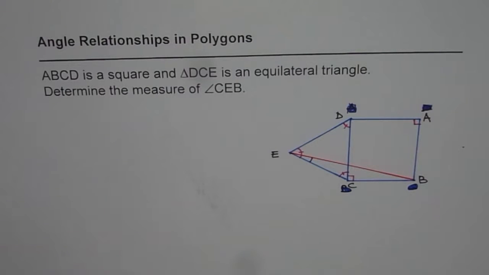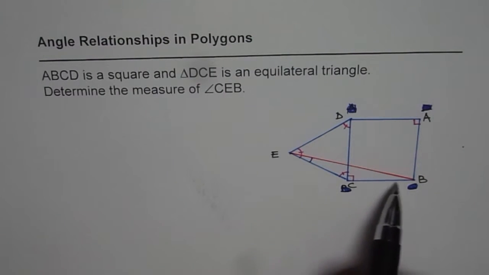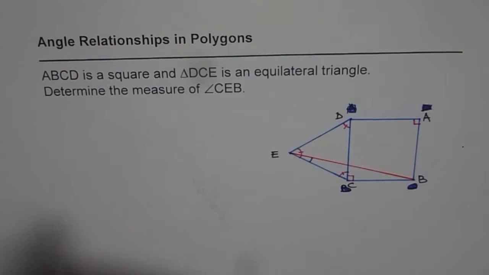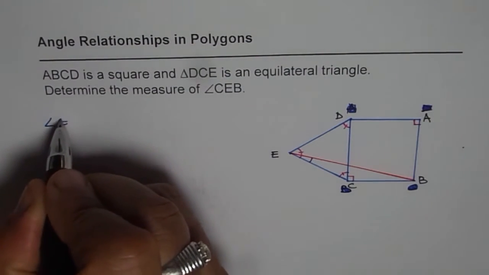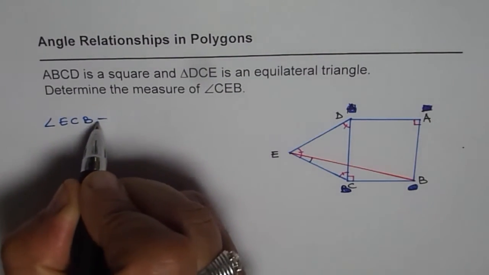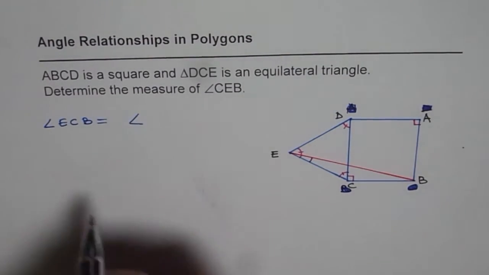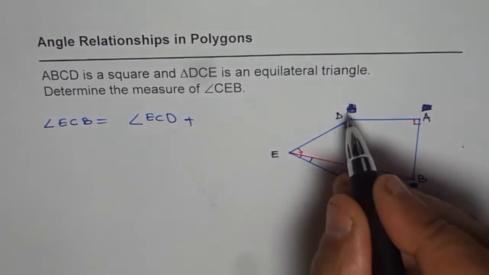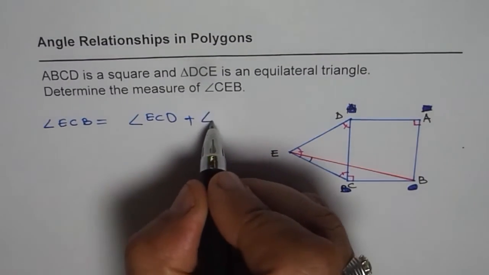Now one thing we know is that to solve this triangle, it's important to find the angle C, which we kind of know, right? So angle ECB is equal to angle ECD plus angle DCB.